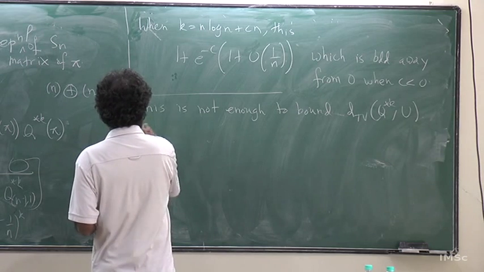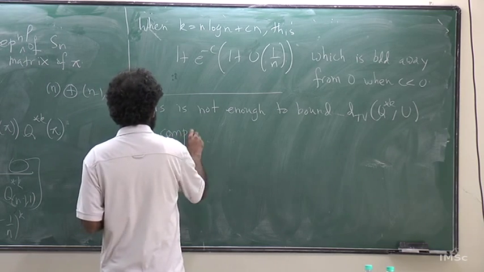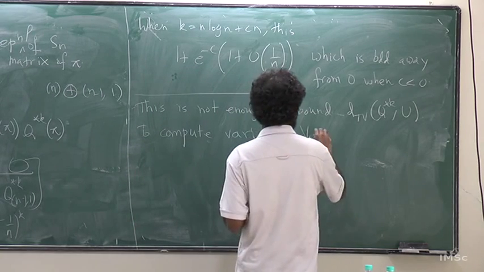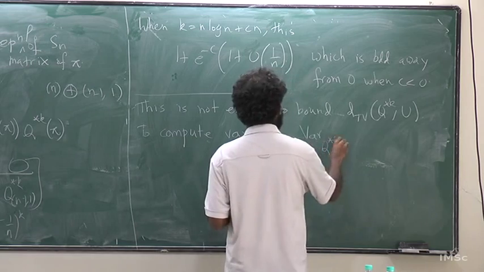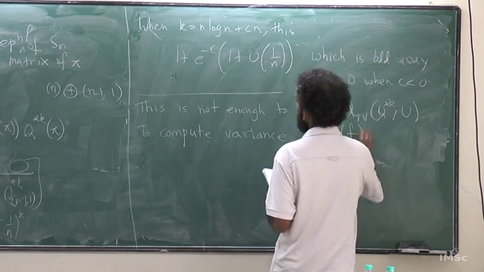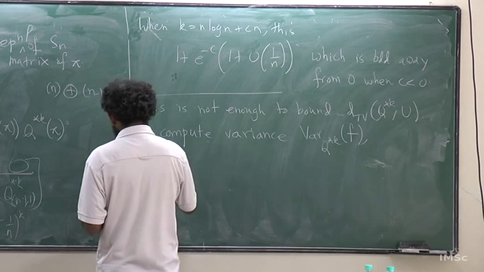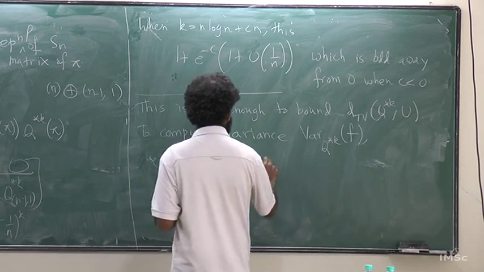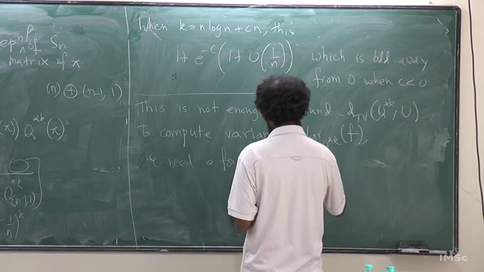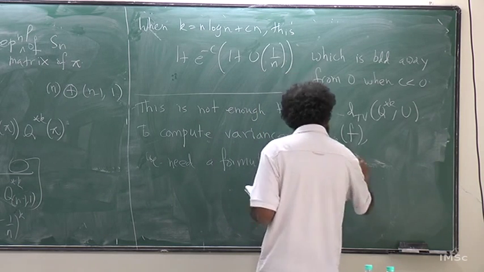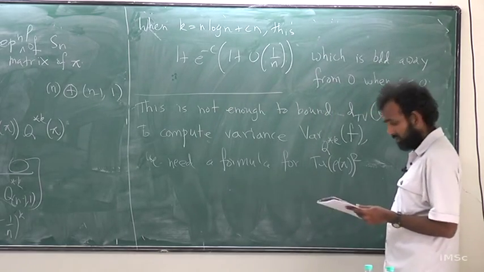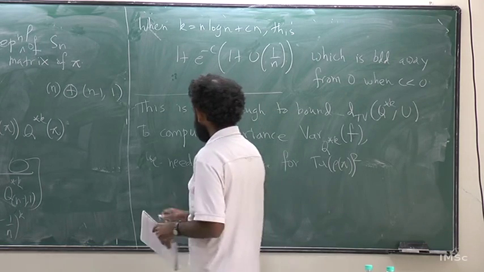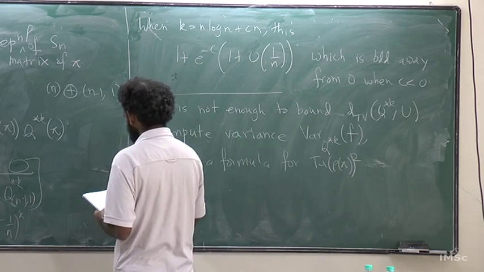So to compute the variance under q star k of f, we need a formula for the trace of rho of pi squared, and this comes using a tensor product of the defining representation, I don't know, fact.